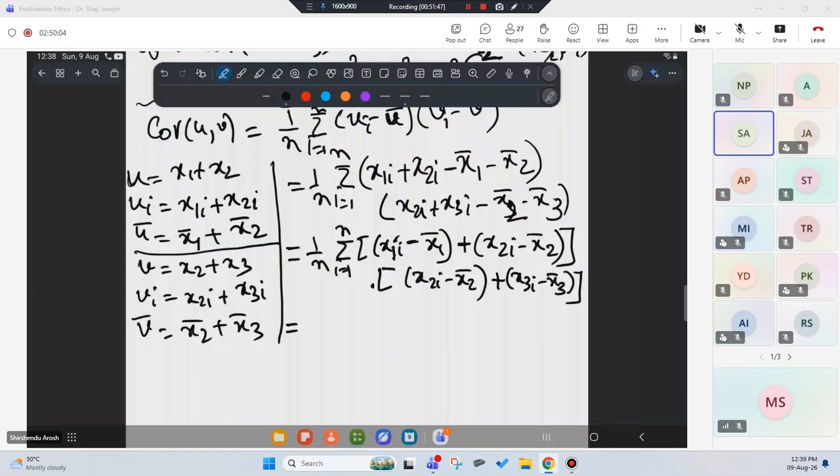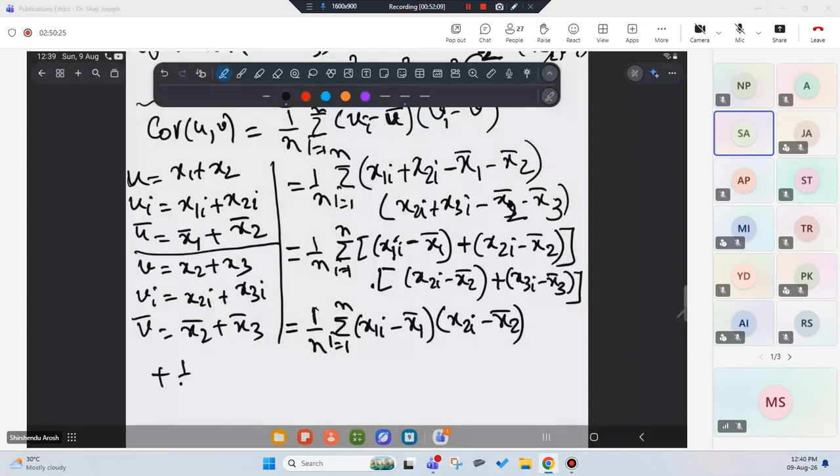So let's do it, and we'll put the 1 by n summation on everybody. 1 by n summation i from 1 to n, x1i minus x1 bar multiplied by x2i minus x2 bar is the first one.